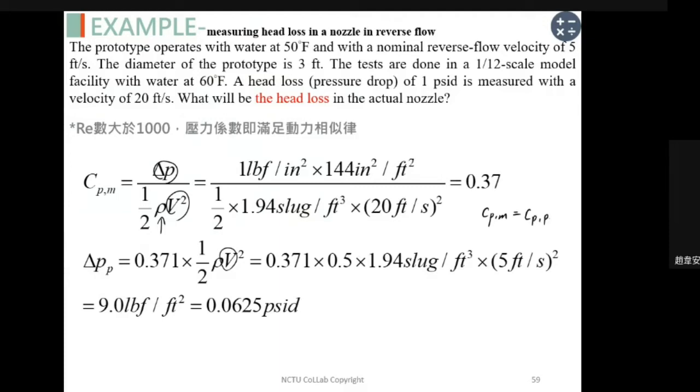So we know that V is 5 and we have the density and this pressure coefficient in the model. So we can predict the pressure drop for the prototype conditions is 0.0625 psi. It's smaller than the pressure drop in the model.